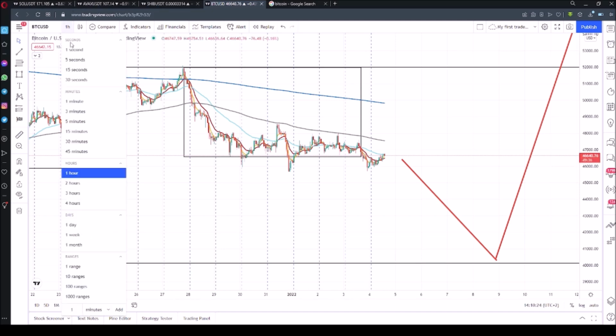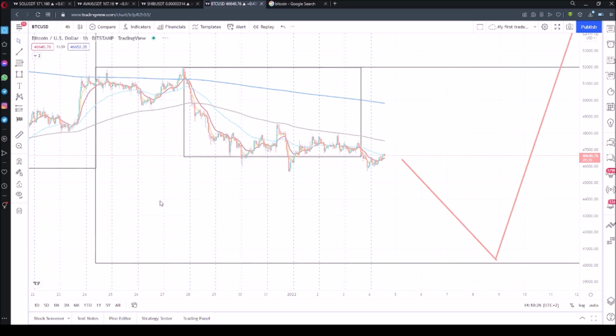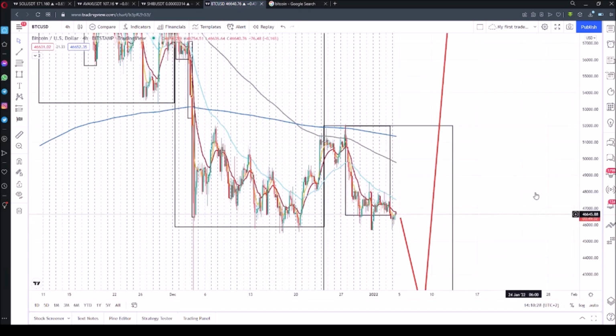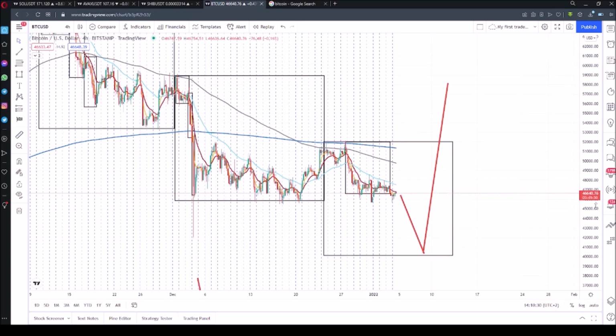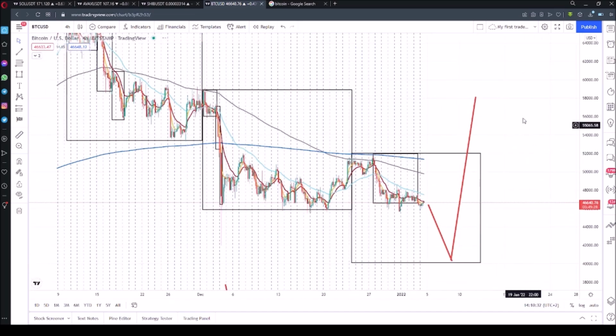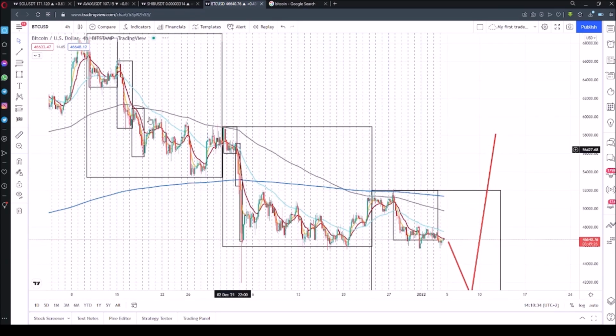So on H4, this is how it will look like. We will have something like this. So we had three moves, or the three cycle move in the first H4 move, another three cycle move in the second H4 move.